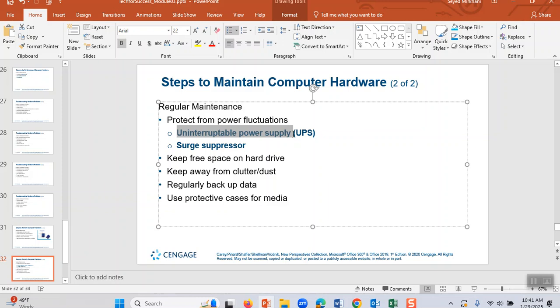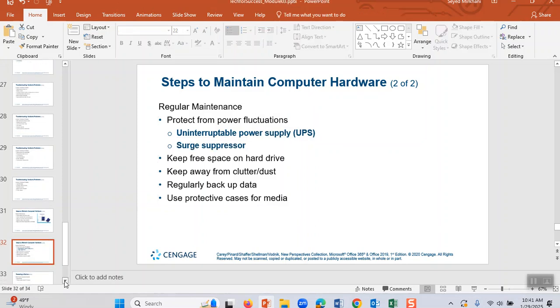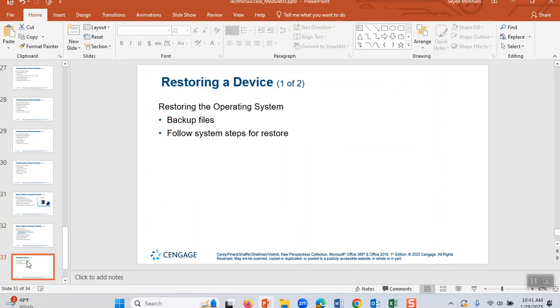Of course, we don't get into those in our personal computer, but organizations sometimes like to have them, and sometimes the electric power might fluctuate, therefore a surge suppressor. And these are the devices that they use in some of the companies, organizations to make sure that their computers are running smoothly.